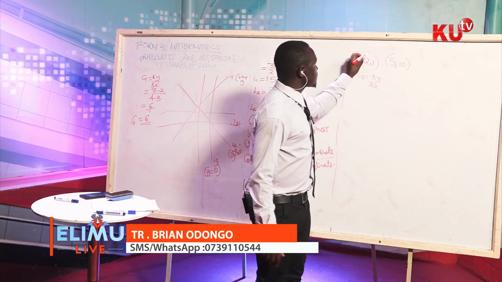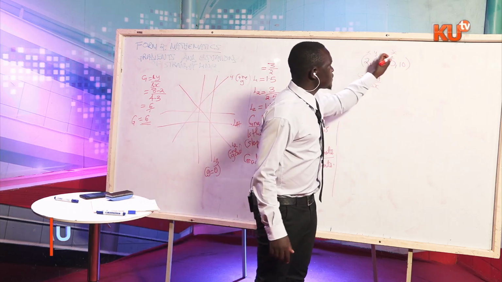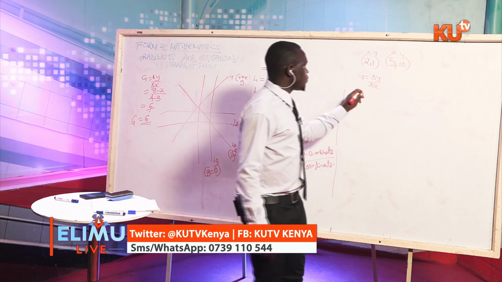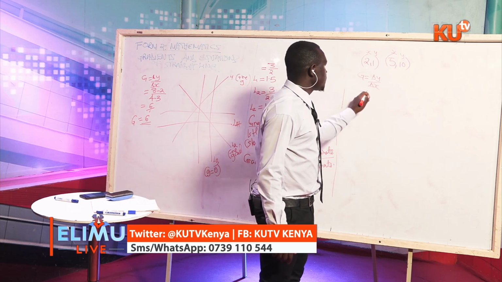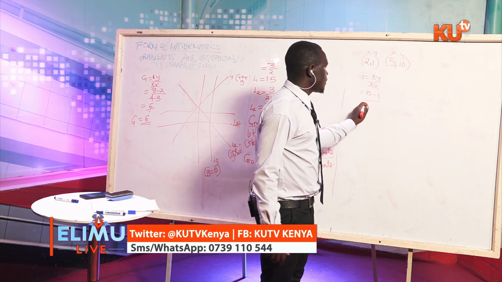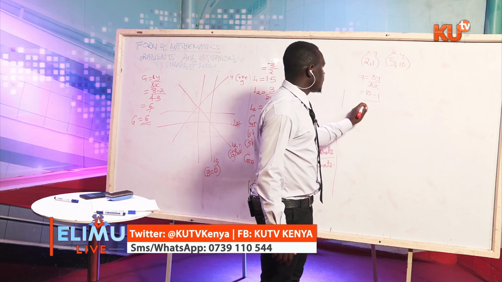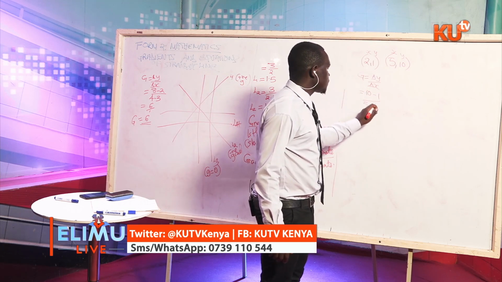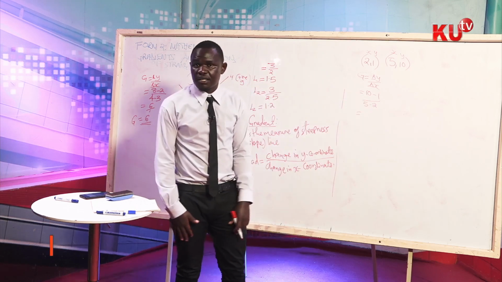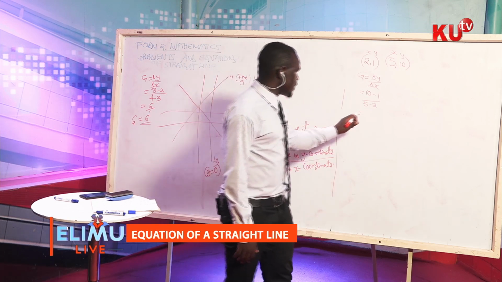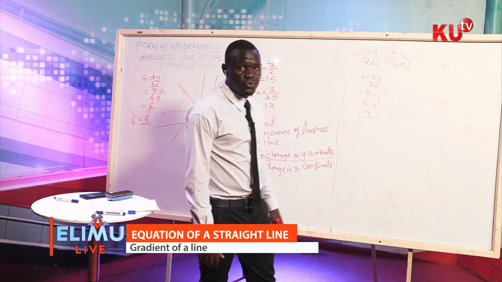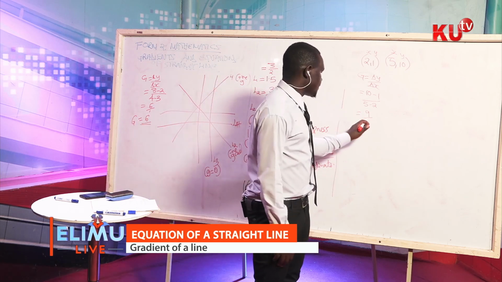Remember that this is x, this is y, this is x, this is y, dear students. So the change in y is 10 minus 1, divided by the change in x, which is 5 minus 2. 10 minus 1 is 9, divided by 5 minus 2, which is 3.